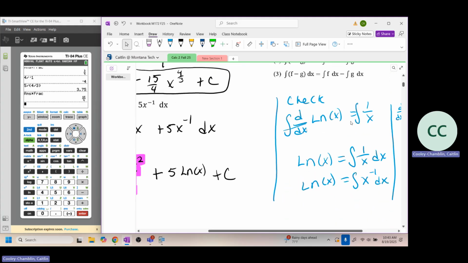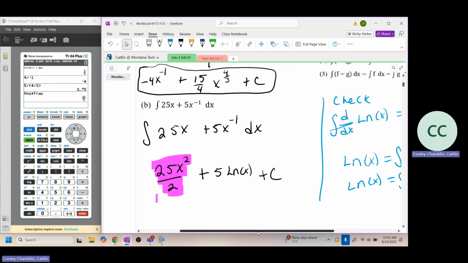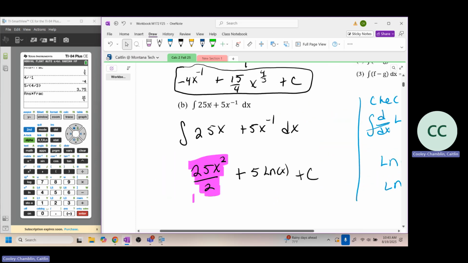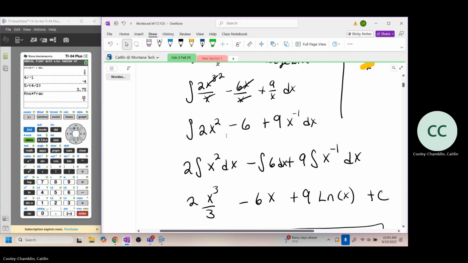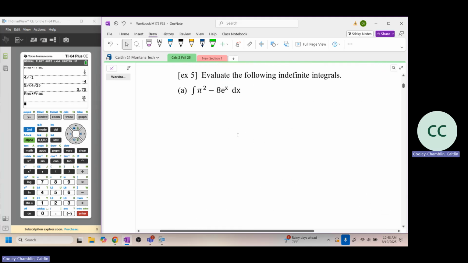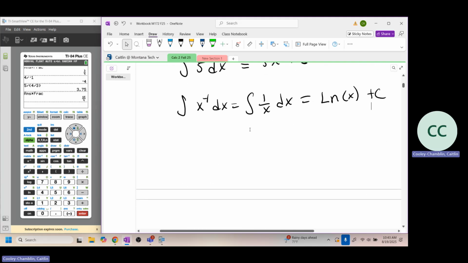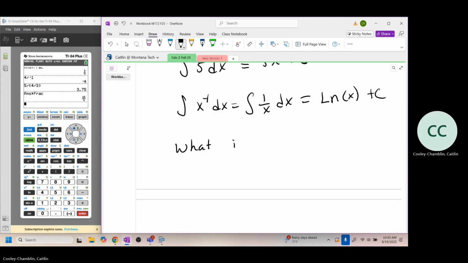They're still antiderivatives. So when you're looking at this, you want to think to yourself, what is this? That's actually a wonderful test question: what is the integral of f of x dx asking for? What is this? What am I doing?